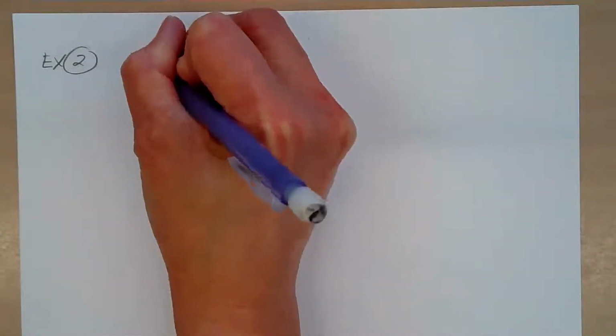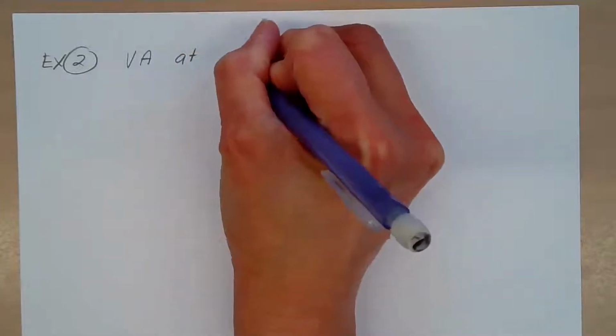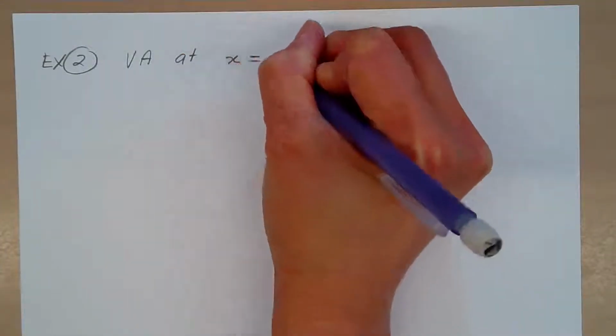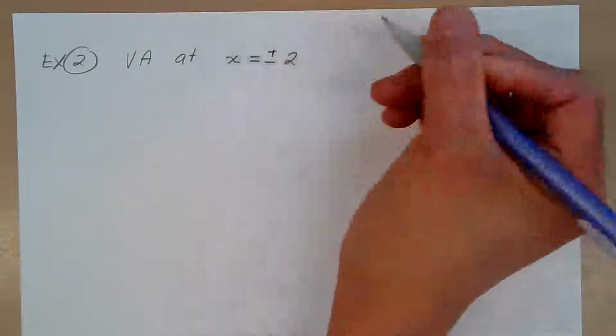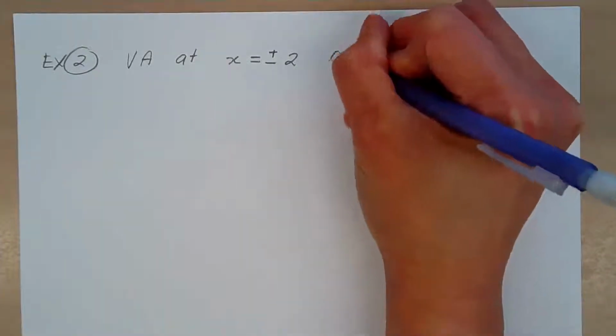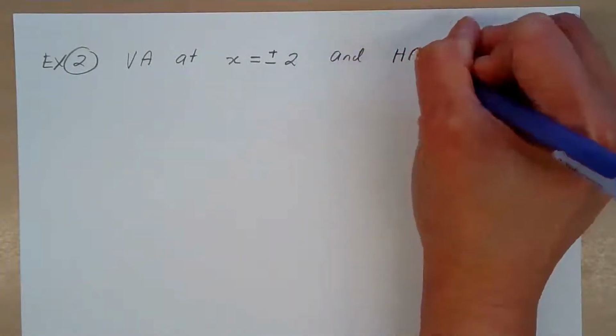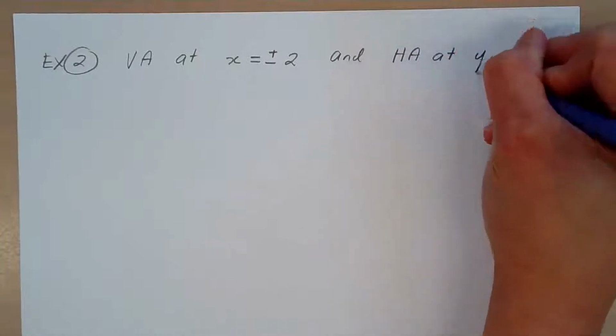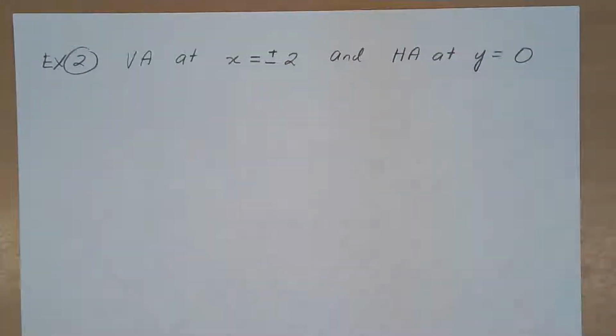Okay, number 2, example 2. Here's a clue. Vertical asymptote at x equals plus or minus 2 and horizontal asymptote at y equals 0.